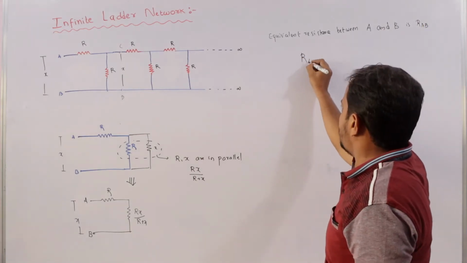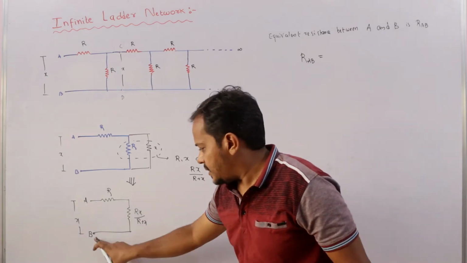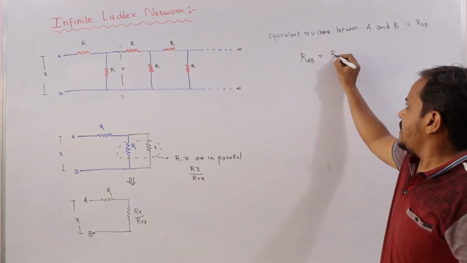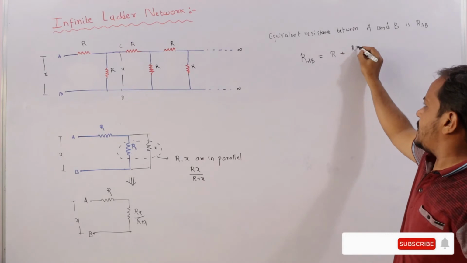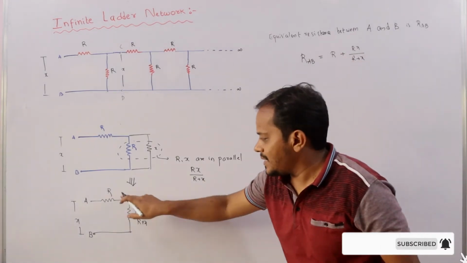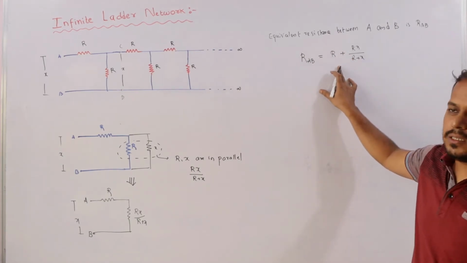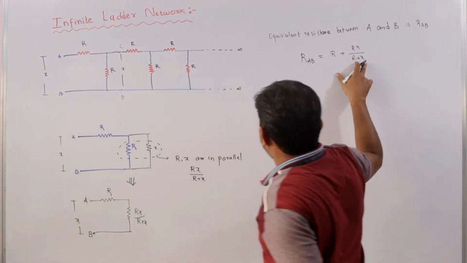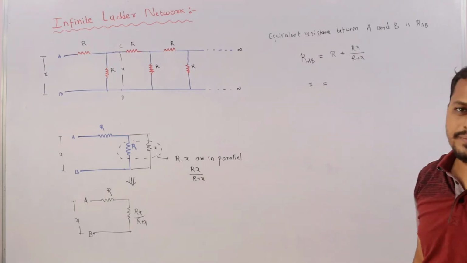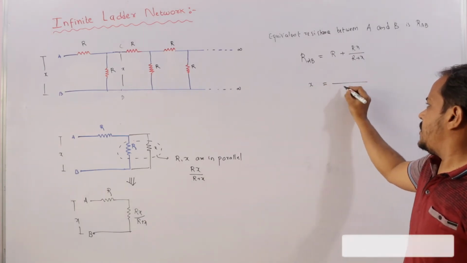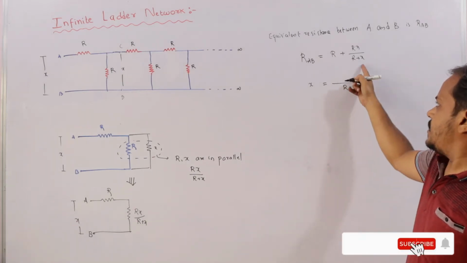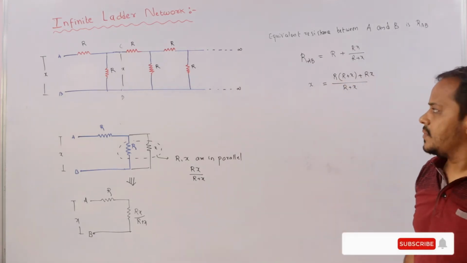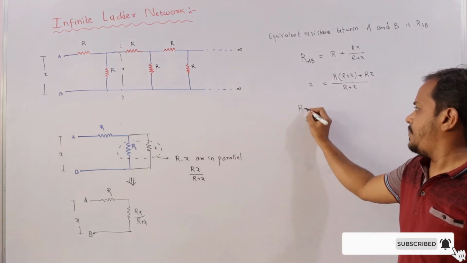From the diagram, the equivalent resistance between A and B is the combination of two resistors, R and R into X by R plus X. These two are in series, so the equivalent resistance of the series combination is R plus RX by R plus X. Up to AB the equivalent resistance is considered to be X, so take X equal to R plus RX by R plus X. Simplify this: the denominator will become R plus X, and this will multiply with R, so R of R plus X plus RX.